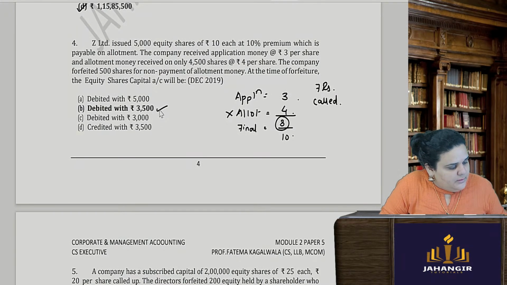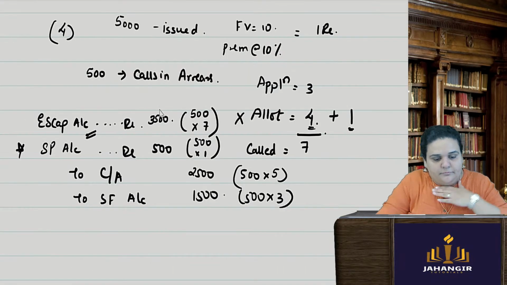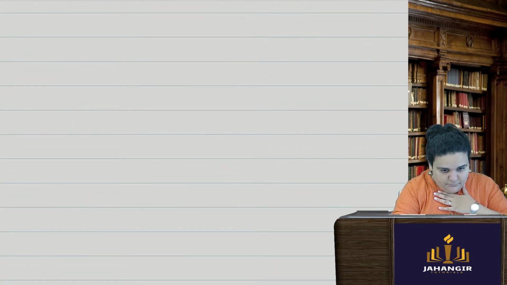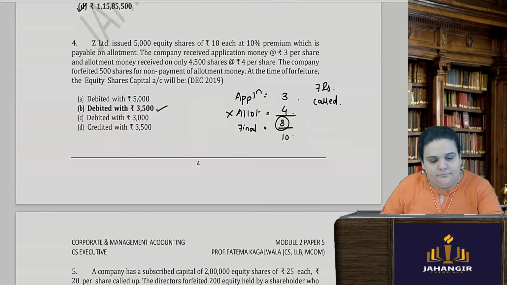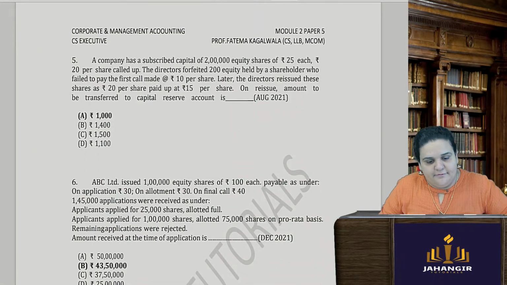I am moving to the next question. Question number 5. A company has subscribed capital of 2 lakh equity shares of rupees 25 each. Rupees 20 per share is only called up. 5 rupees is not yet called up.